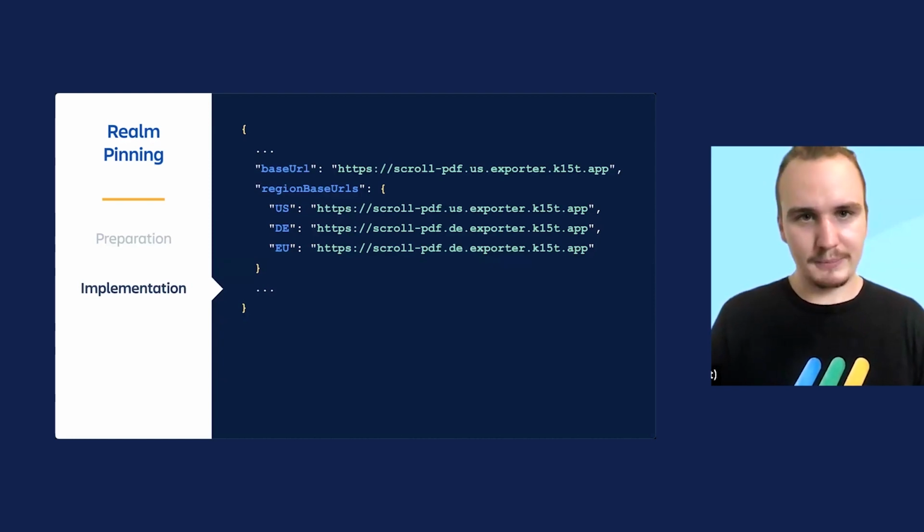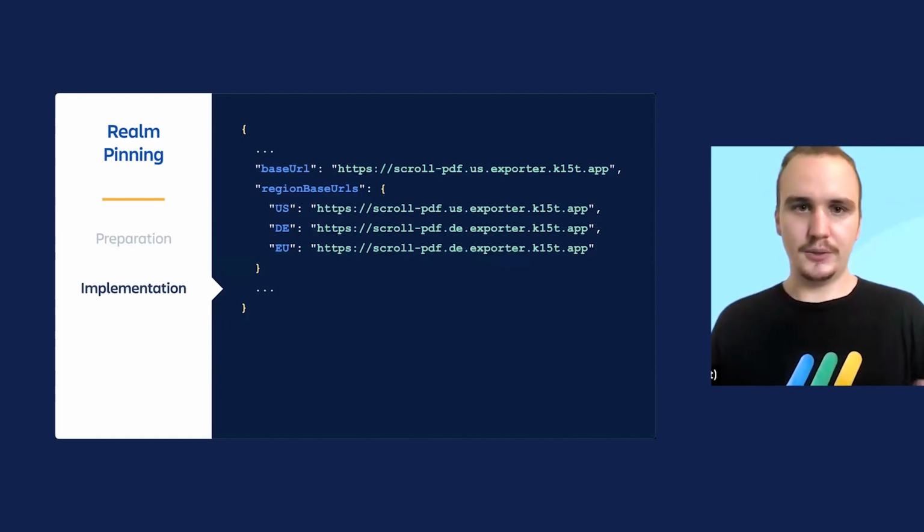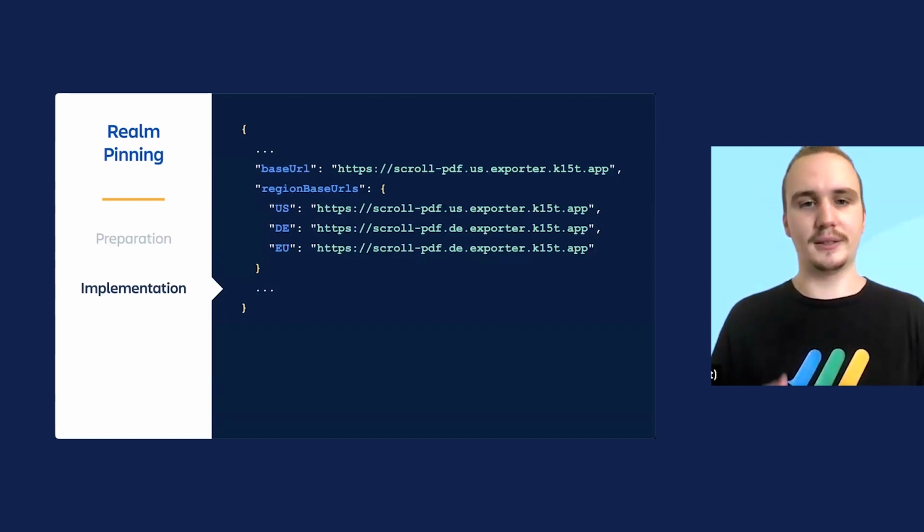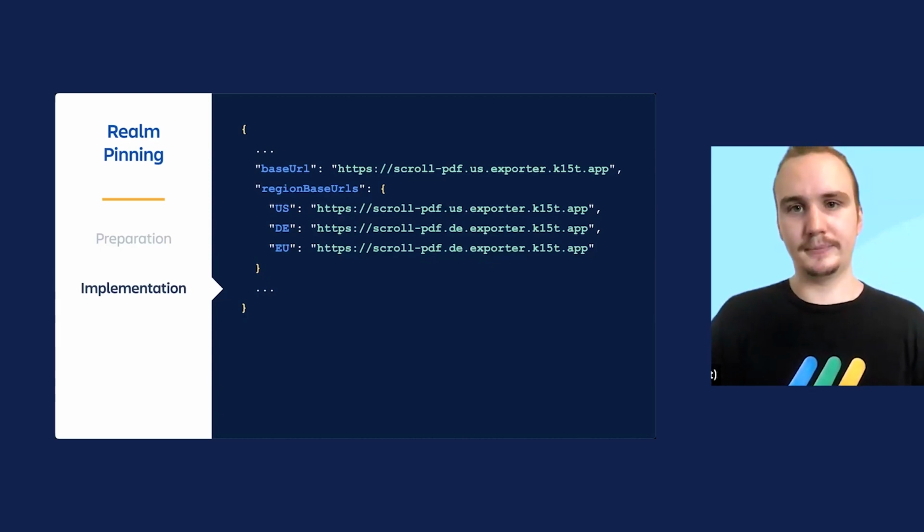We all have this base URL in our app descriptor, right? But for each region that you want to support, you need to add the region-specific base URL to this object in the descriptor. And by that, whenever your app gets installed to Confluence or Jira, it will choose the correct base URLs based on the realm that the product is installed to. Okay, and that's everything you need to do in order to implement realm pinning.